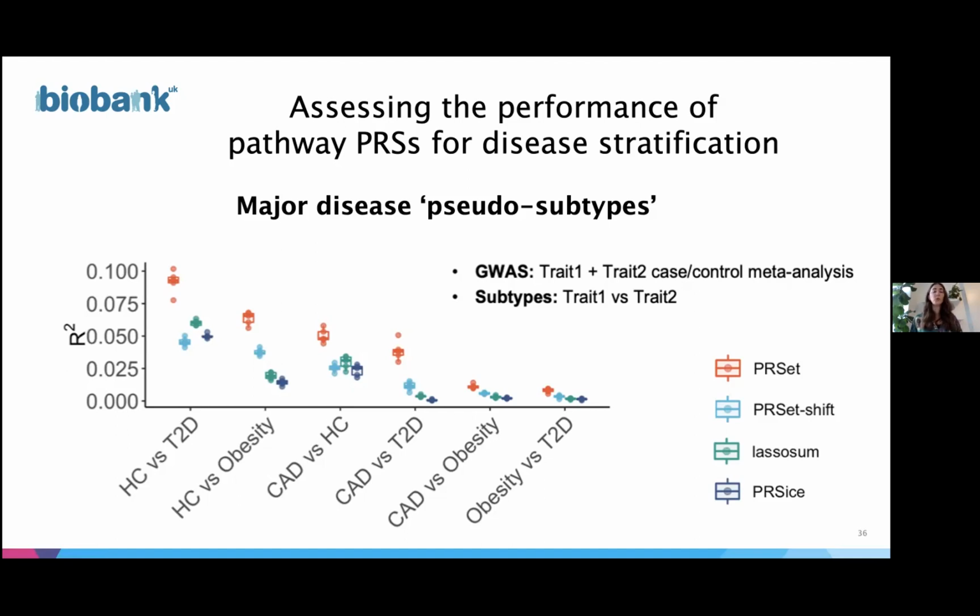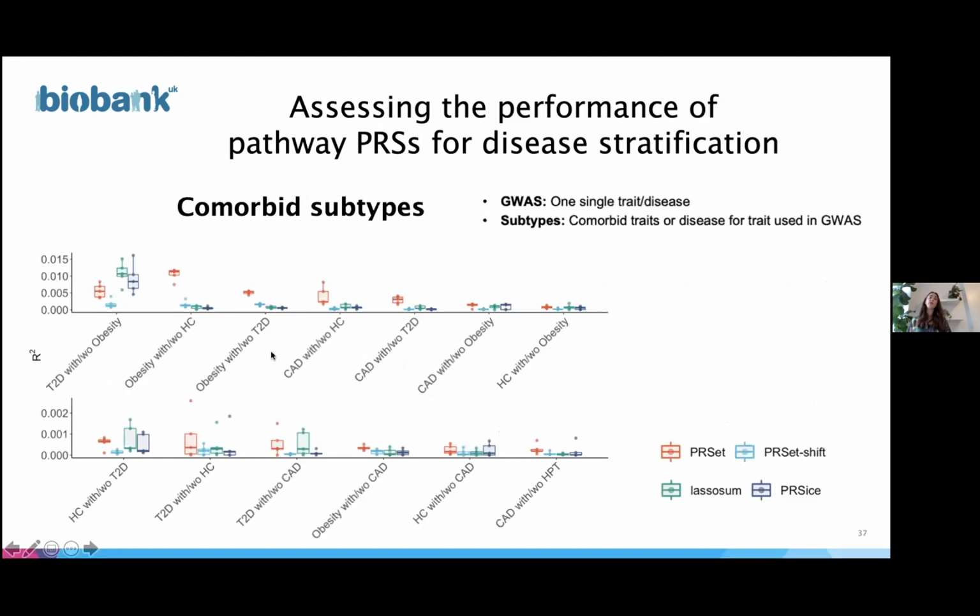But then we wanted to do a bit of a more difficult task. And we were defining subtypes in a different way. So now the way that we were defining subtypes was by using comorbid diseases. So the GWAS here to calculate the polygenic scores will be one single trait or disease. And then the subtypes will be defined as other traits that are comorbid with that disease.